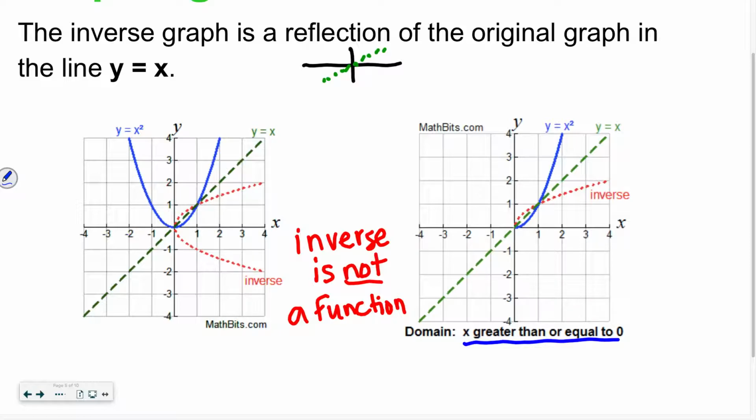But the domain has changed. So this is y equals x squared, such that x is greater than or equal to 0. I'm cutting my graph into a smaller piece where if I reflect this arm of the parabola over the line y equals x, then the inverse is a function.